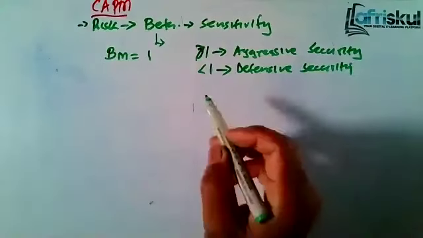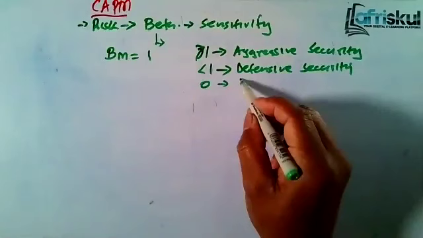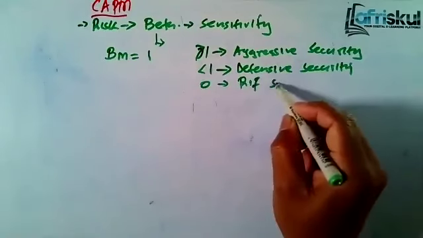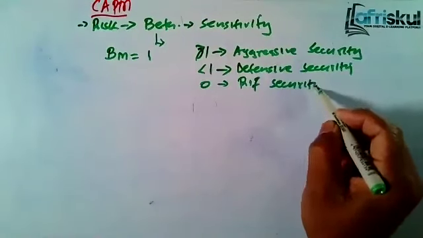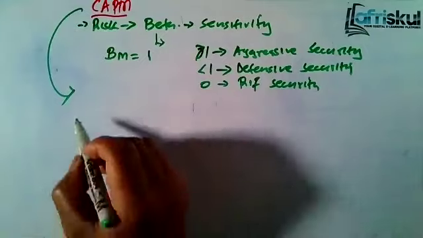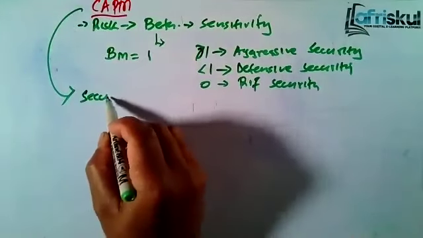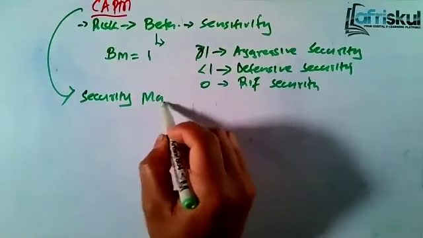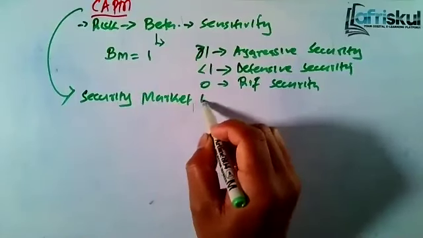But those with beta of 0 are risk-free securities. That's what we are looking at. And then under CAPM, we have the CAPM equation line, or what we call the security market line equation.